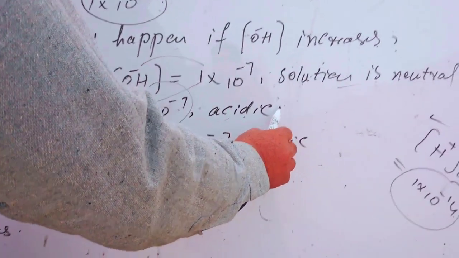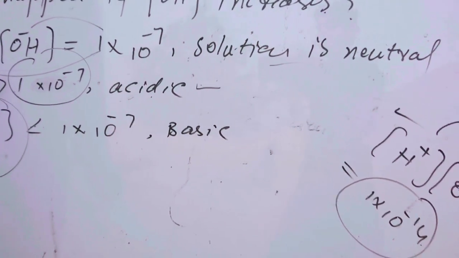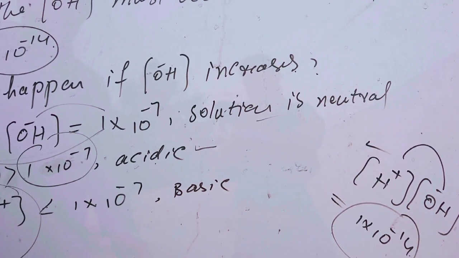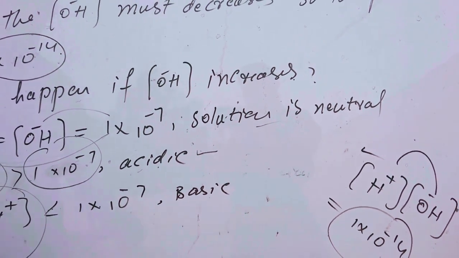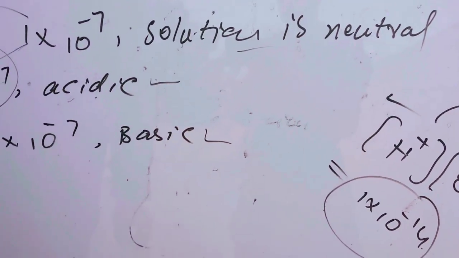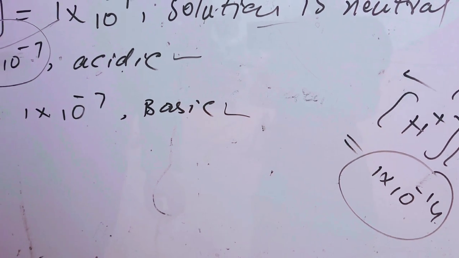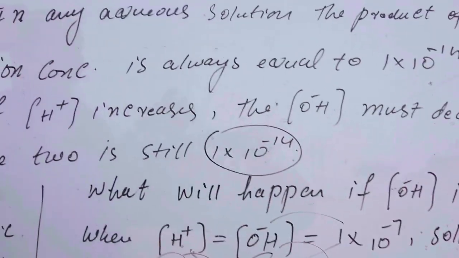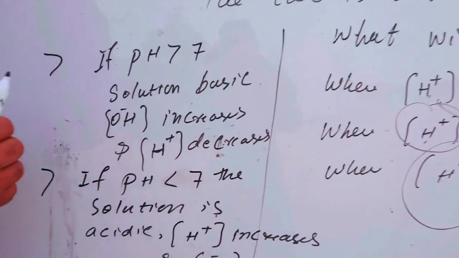Acidic means the concentration of H plus ion increases and OH minus ion decreases. Basic means the concentration of OH minus ion increases and H plus ion decreases.